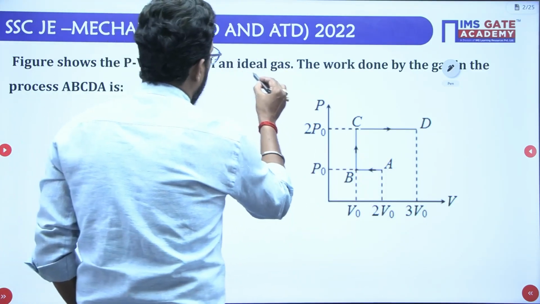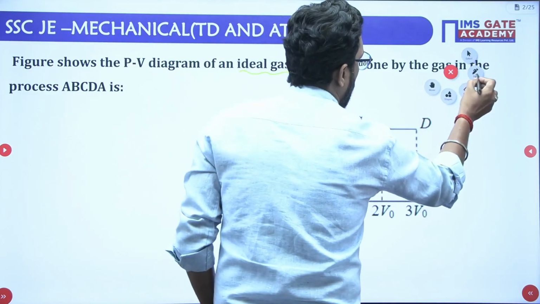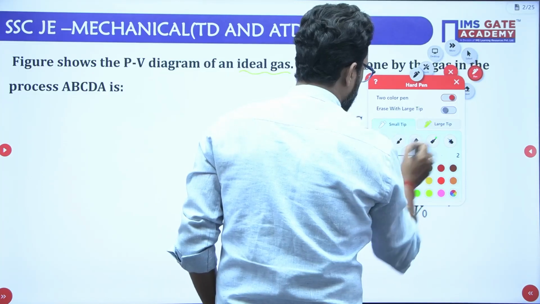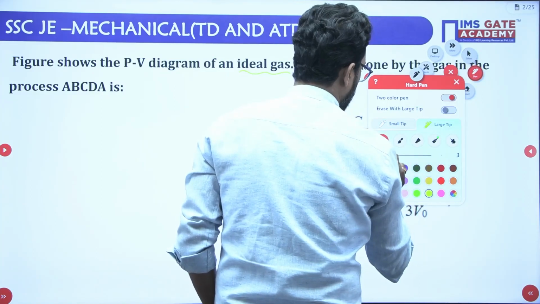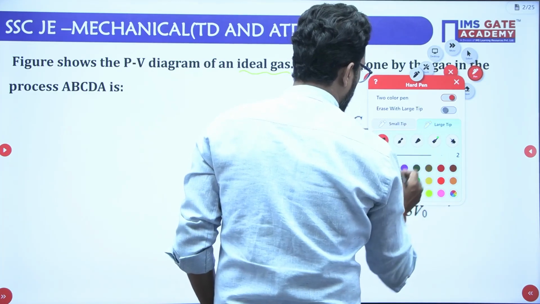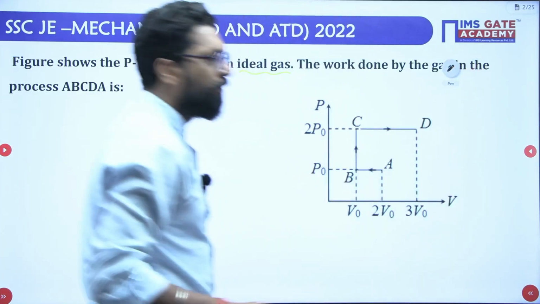This is your ideal gas, okay? And you know what the property of an ideal gas is, my dear. For an ideal gas, PV is equal to mRT.